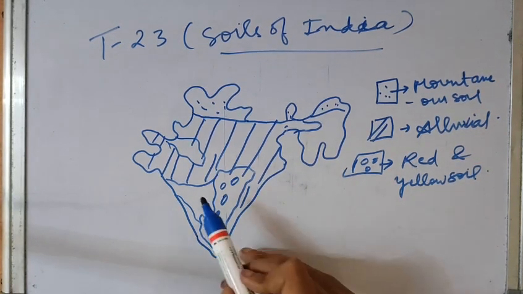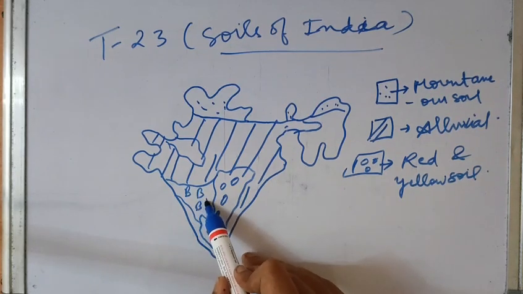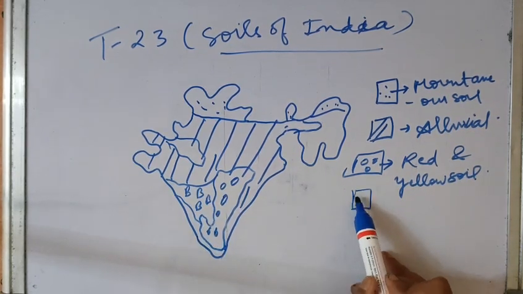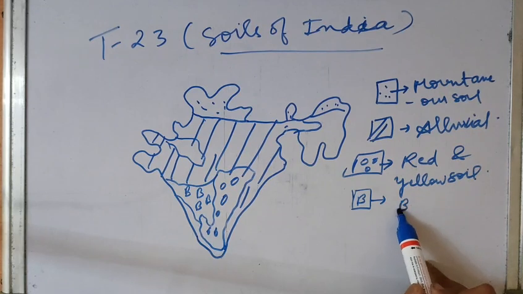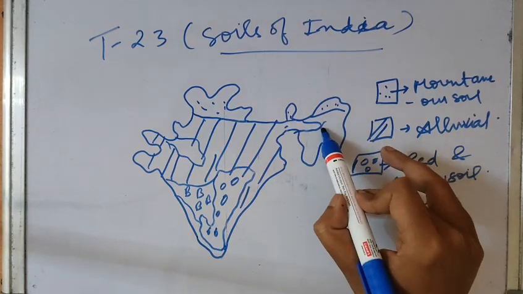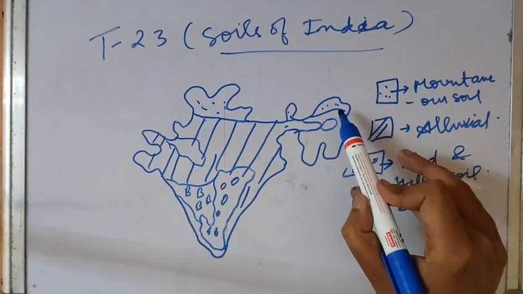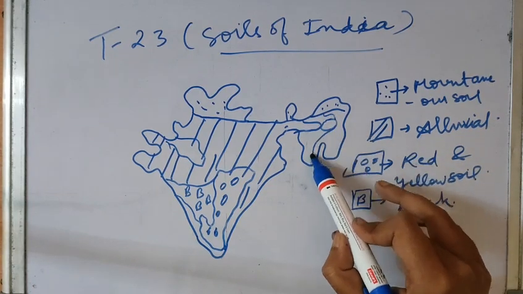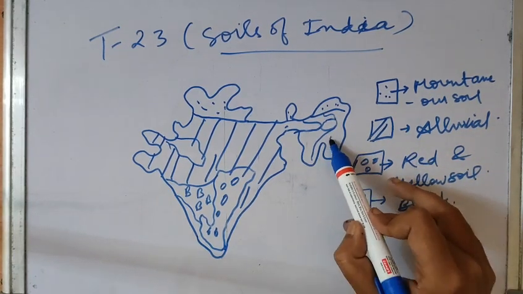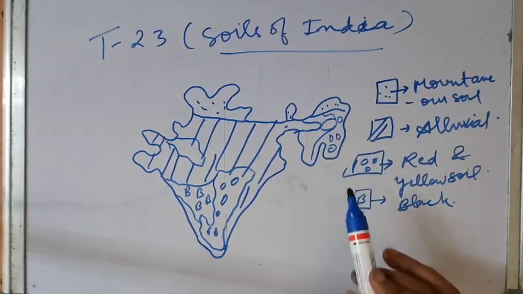It is black soil. Now we've got laterite soil. Laterite soil can be found, and also red and yellow soil is found in this region also.